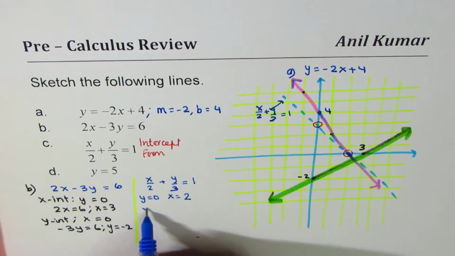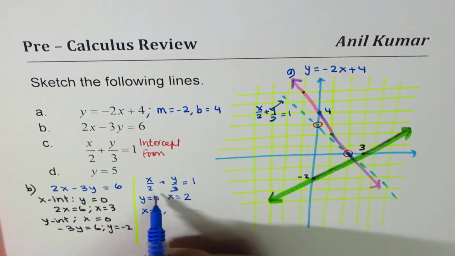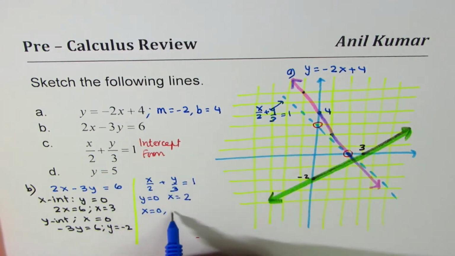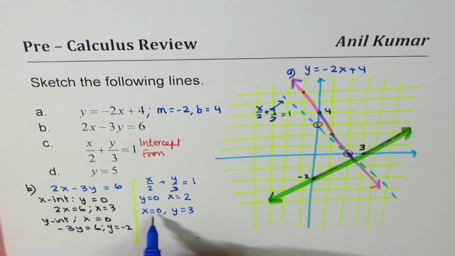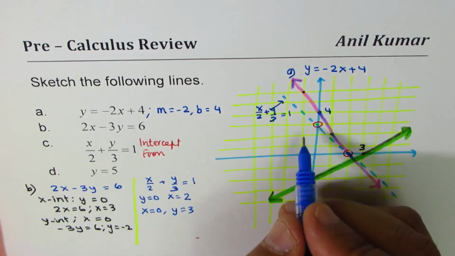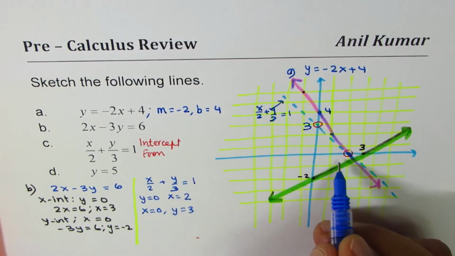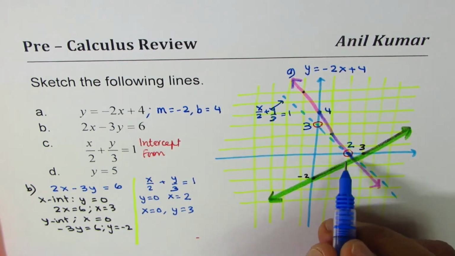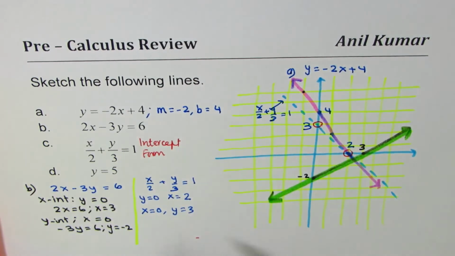And if I put x equals 0, in that case, y over 3 is 1 or y equals 3. Do you see that? So these are the two intercepts. Y-intercept of 3, x-intercept of 2. Joining 2 points will get a straight line. So that is how you could do part C.